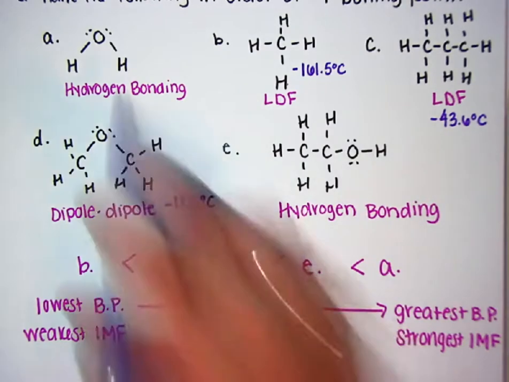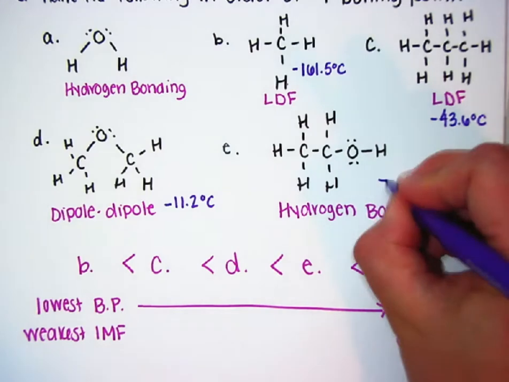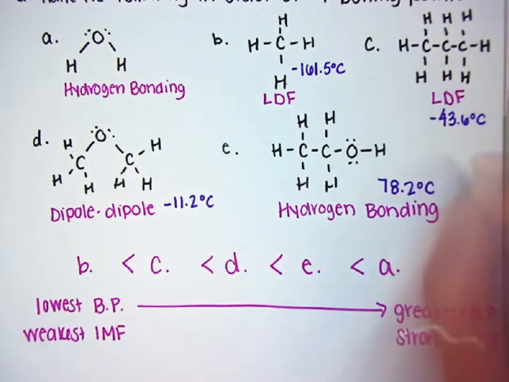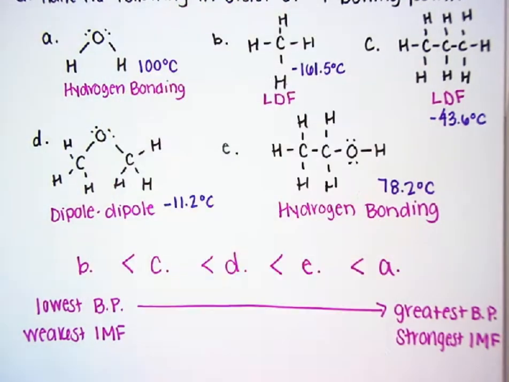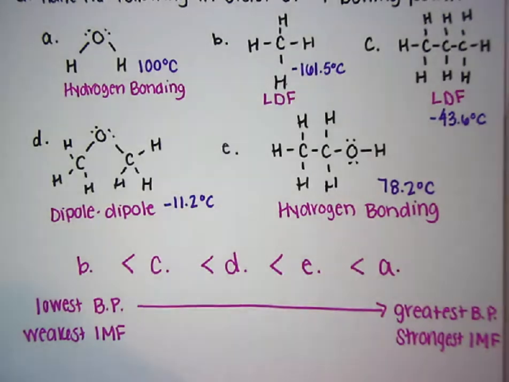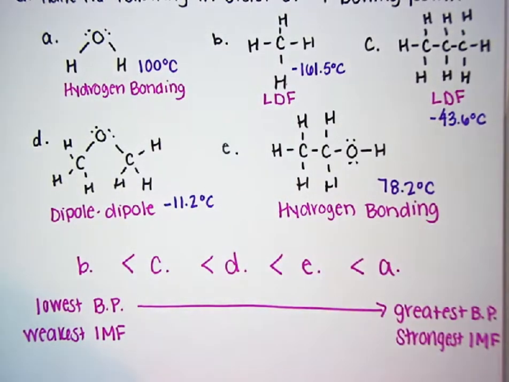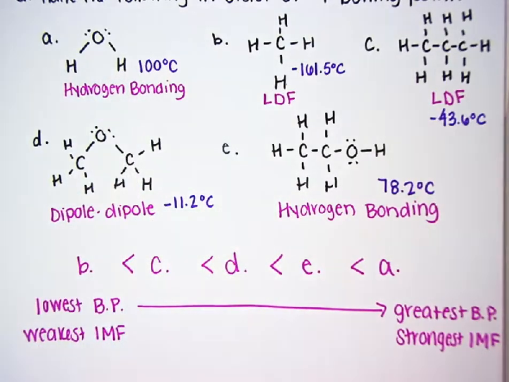Comparing my two hydrogen bondings, ethanol, positive 78.2 degrees Celsius, and water boils at 100 degrees Celsius. So when we're comparing LDF, we look at size. When we're comparing hydrogen bonding, the more hydrogen bonding sites you have, the stronger it is going to be.